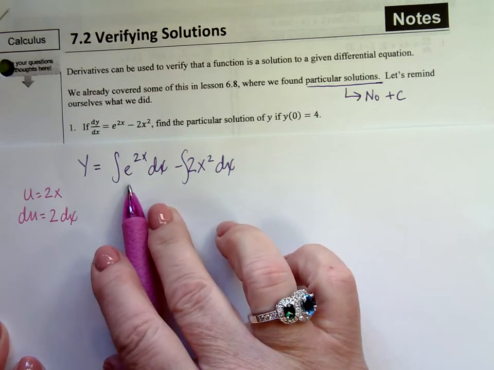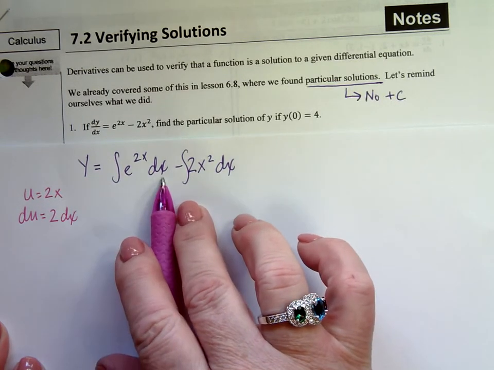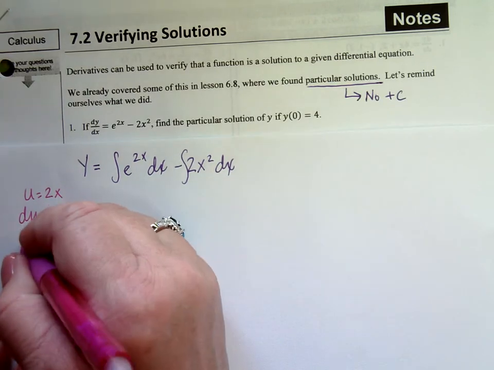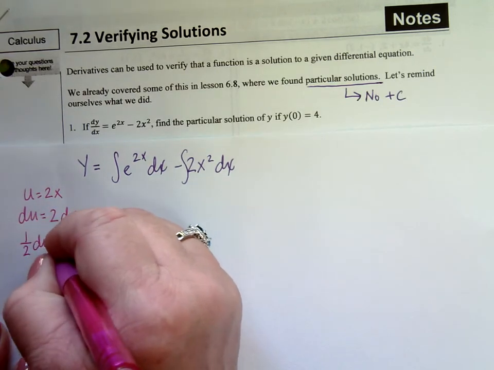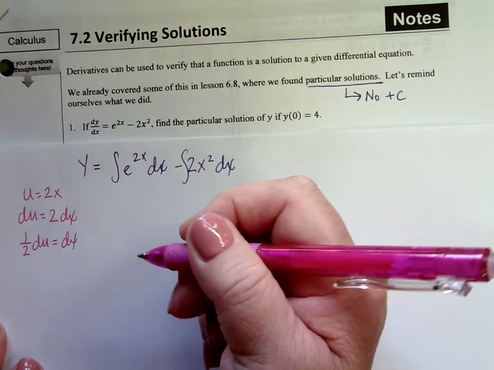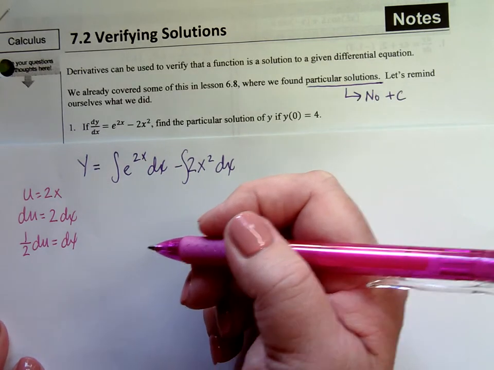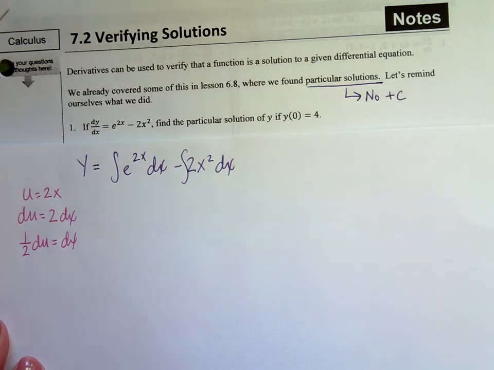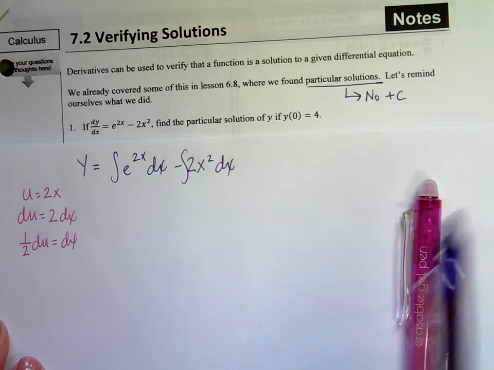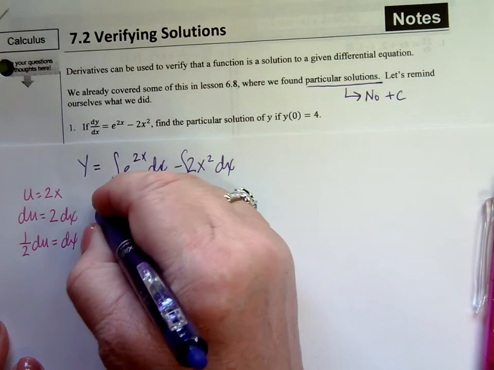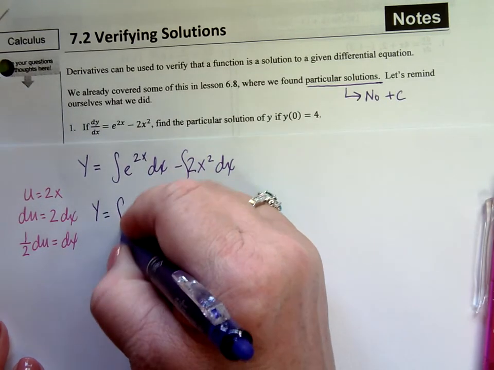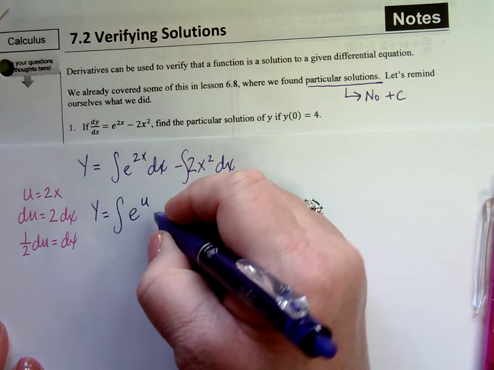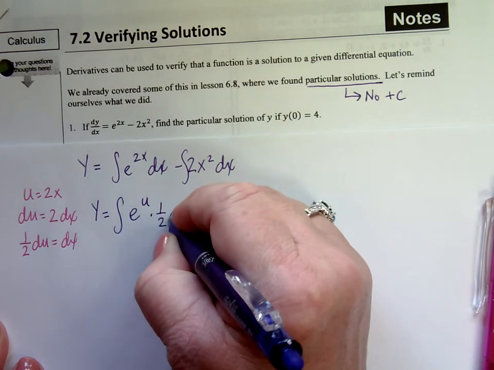I look at the equation, I have a dx, I don't have the 2, so the 2 has to go to the other side. So 1/2 du equals dx, and now I'm ready to put it together into its new lovely form, and that's going to be y equals the integral of e to the u times 1/2 du.